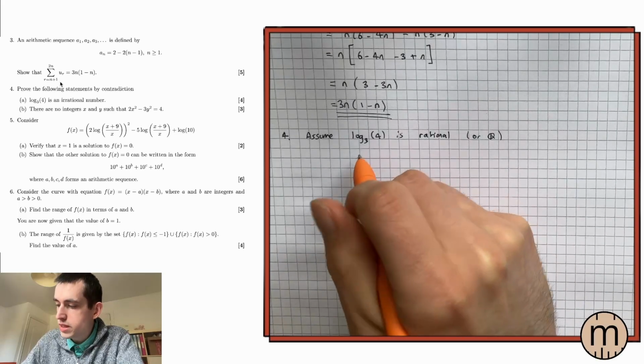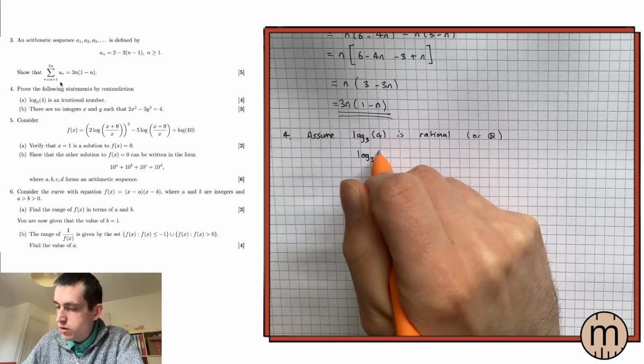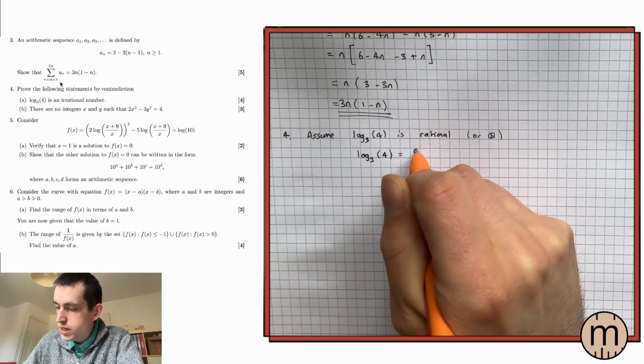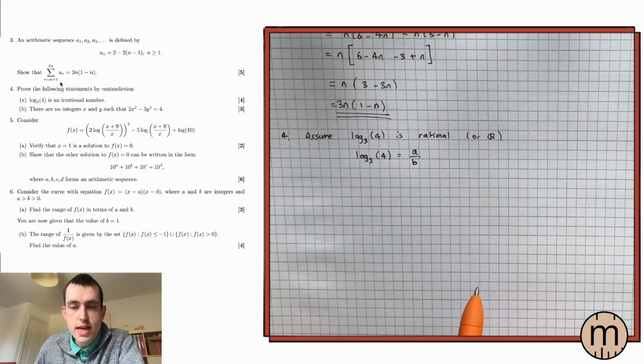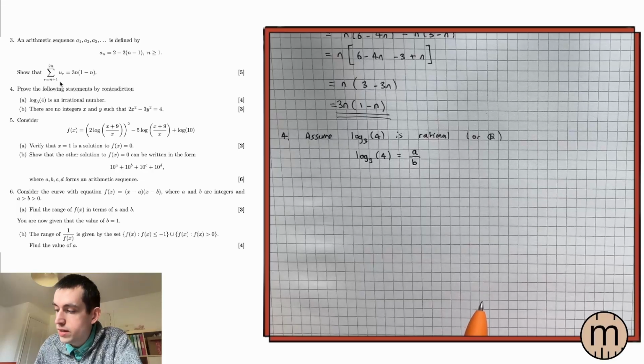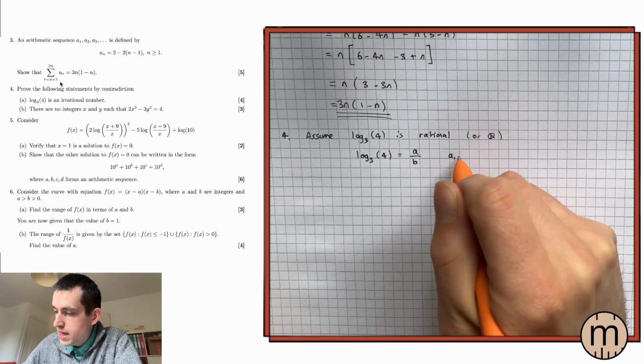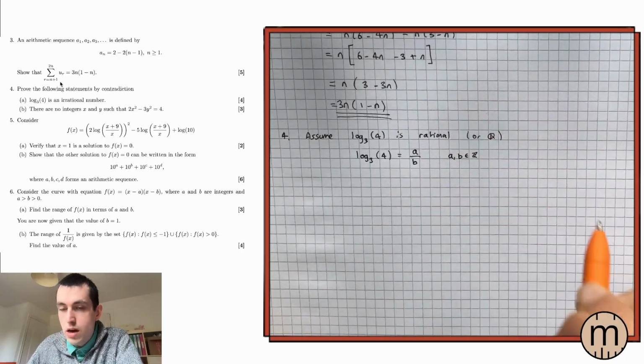It means it can be written as a fraction. So that means log base 3 of 4 can be written as, well, I'll go basic, a over b. Could have done p over q, x over y, whatever floats your boat. There's one more thing we have to mention here, and that is a and b are integers.